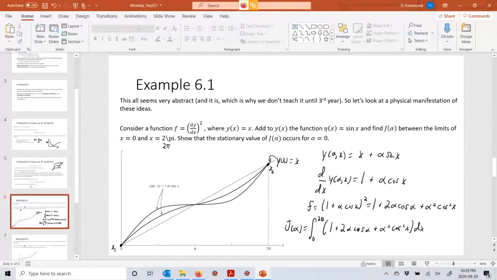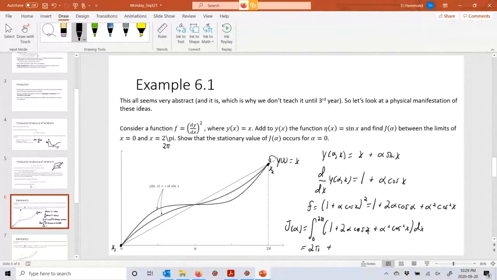But of course, the integral of 1 from 0 to 2 pi is 2 pi. Oops, I noticed a mistake here. This should be cos x. And this should be cos x.